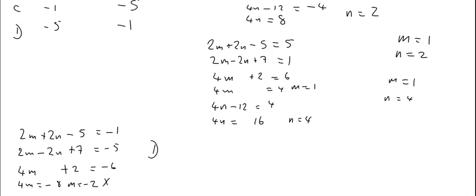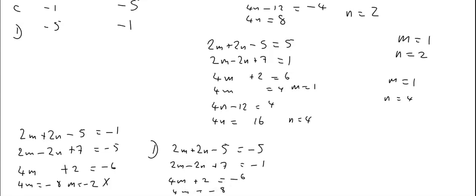So I now try pattern D, and I get 2m plus 2n minus 5 equals minus 5, and 2m minus 2n plus 7 equals minus 1. I add those two together and I get 4m plus 2 equals minus 6, so that 4m equals minus 8.